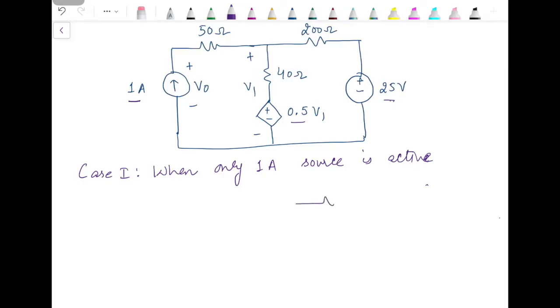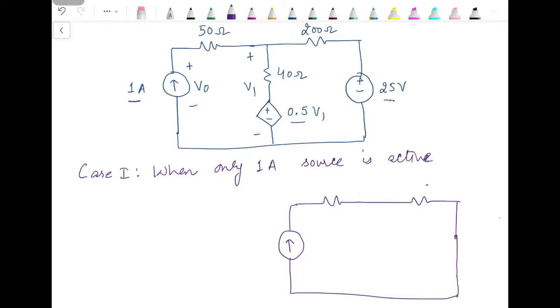So the circuit becomes like this, where in this branch we have a resistance in series with the voltage dependent voltage source.